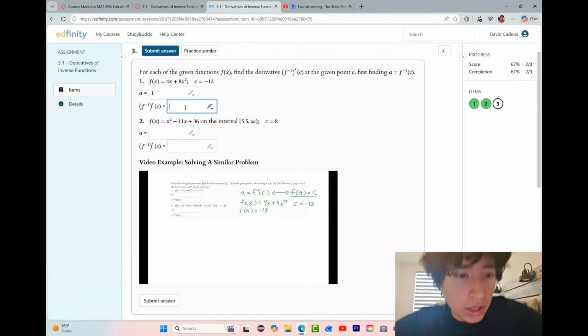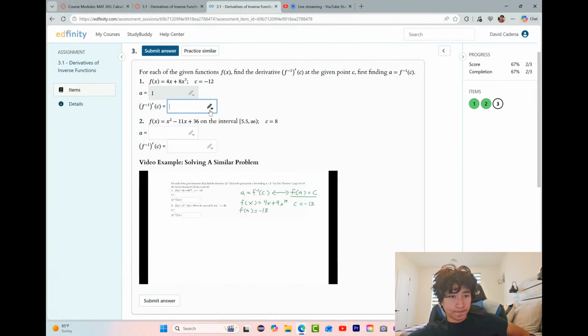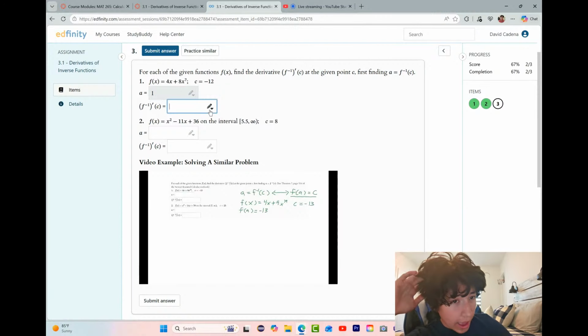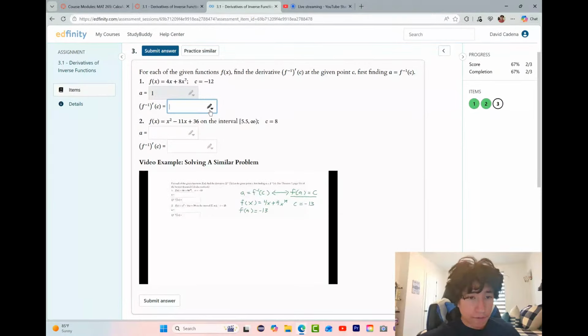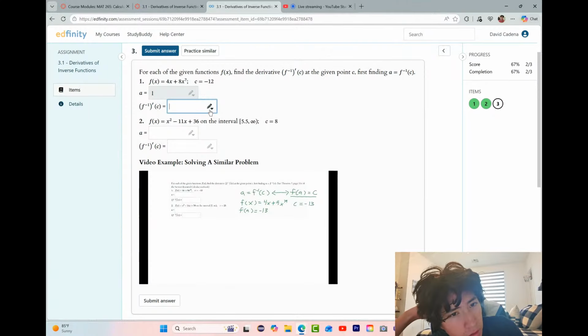Okay. So then f inverse prime of c. Let's see. So what's it asking us?